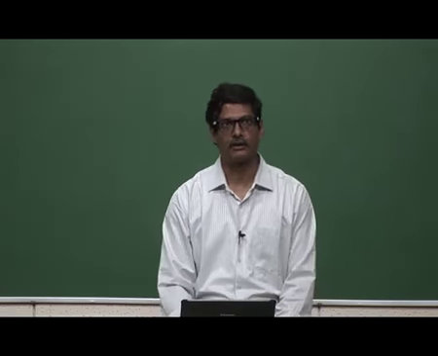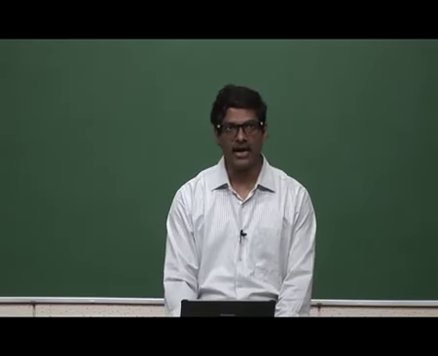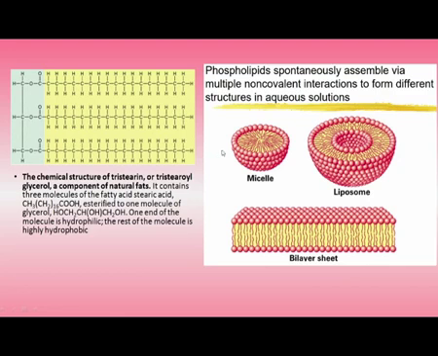So, these are amphipathic molecules similar to that. As soon as you add water to these amphipathic molecules, the hydrophilic portions will try to interact with water, whereas the hydrophobic portion, that is these yellow parts, will try to hide away from water and sequester themselves toward the center. No, I do not want to interact with water, and that is what results in the formation of the covering of the cell or the cell by itself.